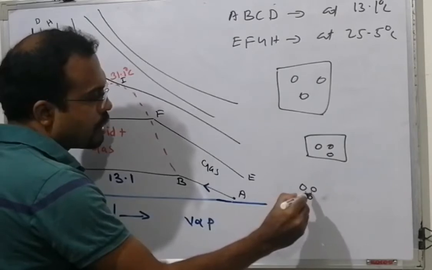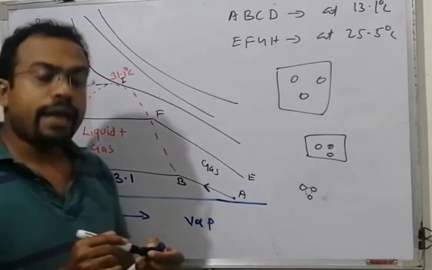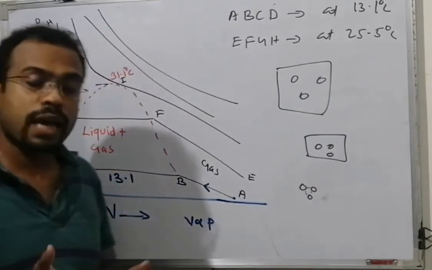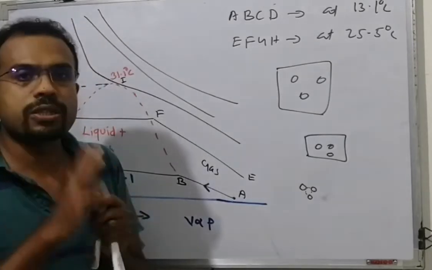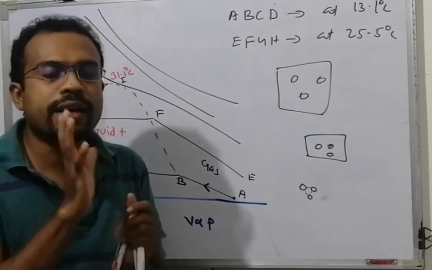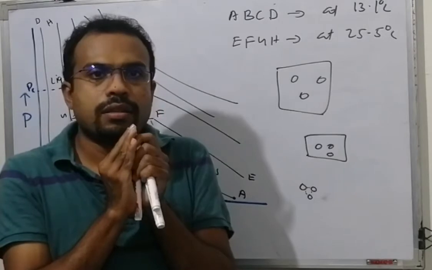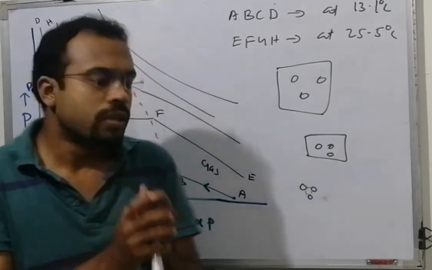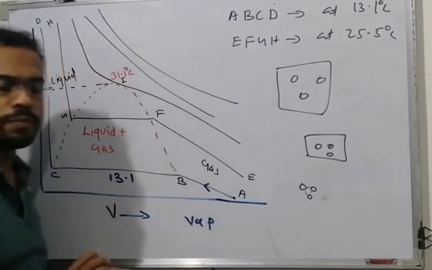Therefore, a force of attraction works, and at a particular point, at B, the force of attraction will be higher than the kinetic energy. Because of that, gas condenses, that is, gas is converted into liquid. Therefore, at B, liquefaction starts.